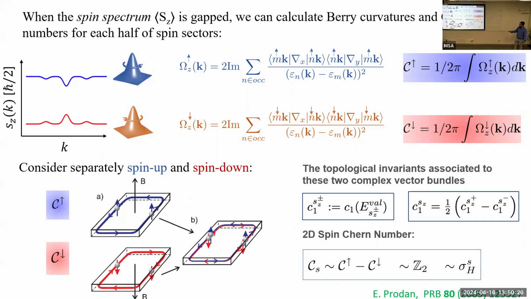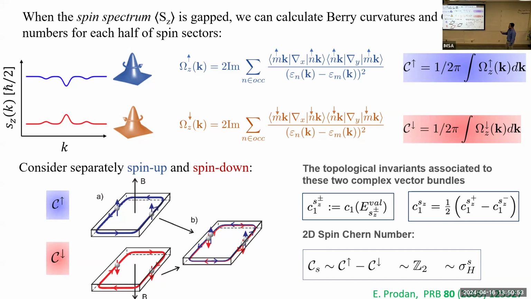Here we can define the spin Chern number as the subtraction of the up and down Chern numbers over 2, and we can define our spin Chern number as 1 for the up and 1 for the down channel. And okay, we can start to connect this with the C2 and the spin Hall conductivity that we had before.